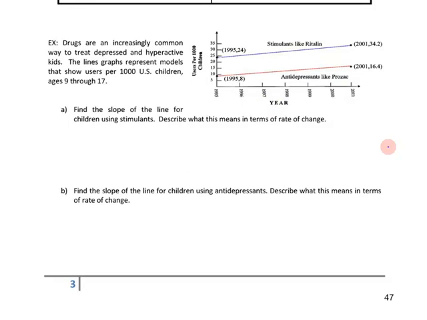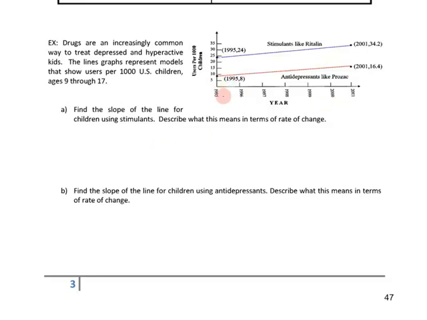Drugs are an increasingly common way to treat depressed and hyperactive kids. The lines graphed in this example represent models that show users per 1,000 U.S. children ages 9 through 17. Notice that the x-axis, the horizontal axis, represents years starting in 1995.